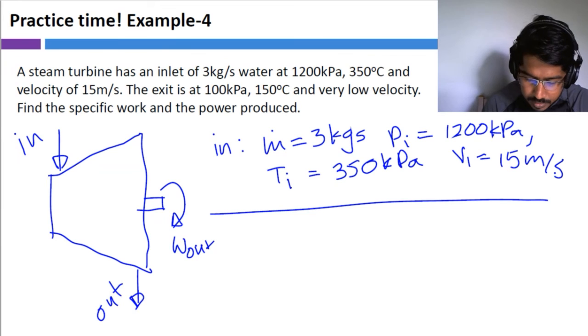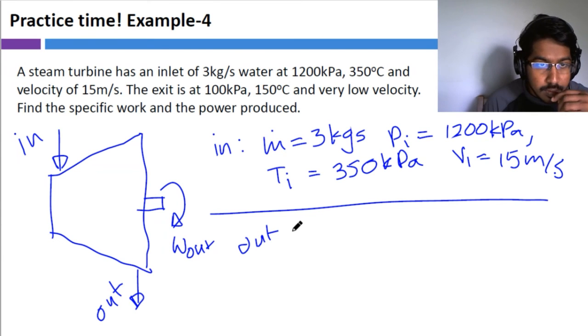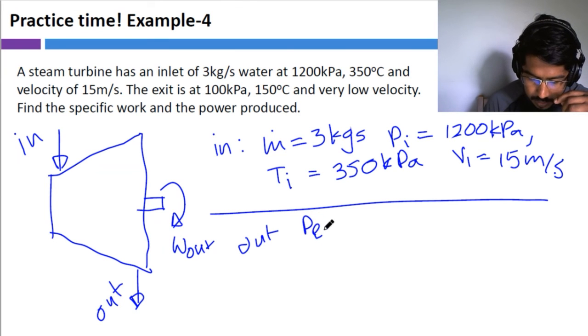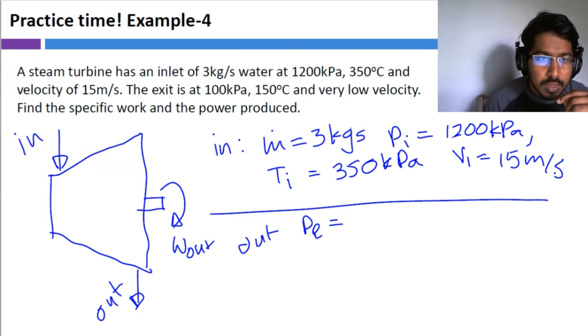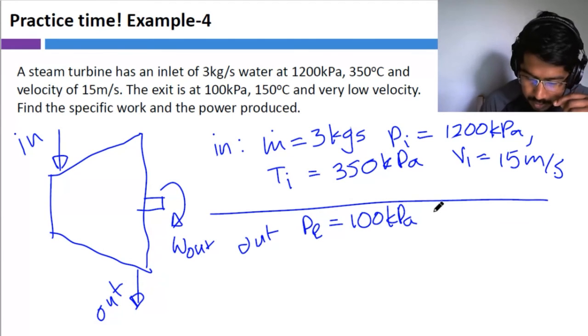And then at the outlet, we have been provided with pressure P exit equals 100 kilopascals, and temperature T exit equals 150 Celsius.